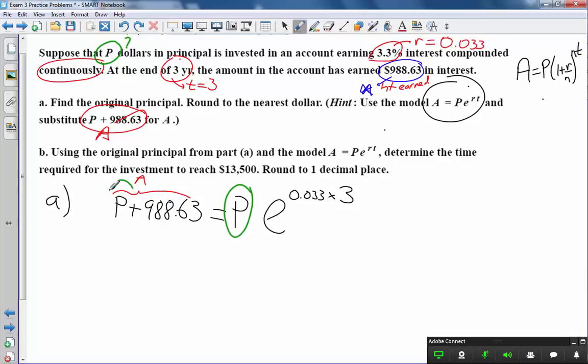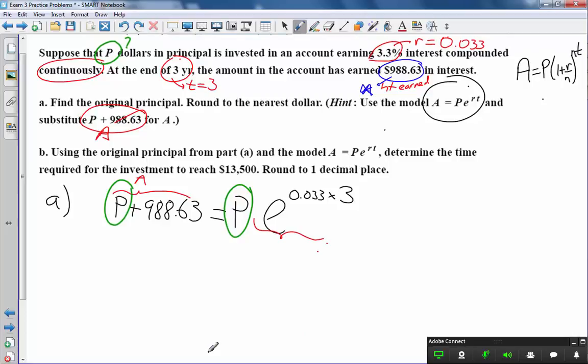But P is in both spots, 2 spots. So we need to first get them together and combine them. They need to meet each other. Alright, how about this number? It's an ugly monster protecting our P. But it looks ugly. When you punch the numbers into your calculator, it's going to turn into a nice decimal value. Try that. Multiply 0.033 by 3 and raise e to that power, and tell me that number. What is that?